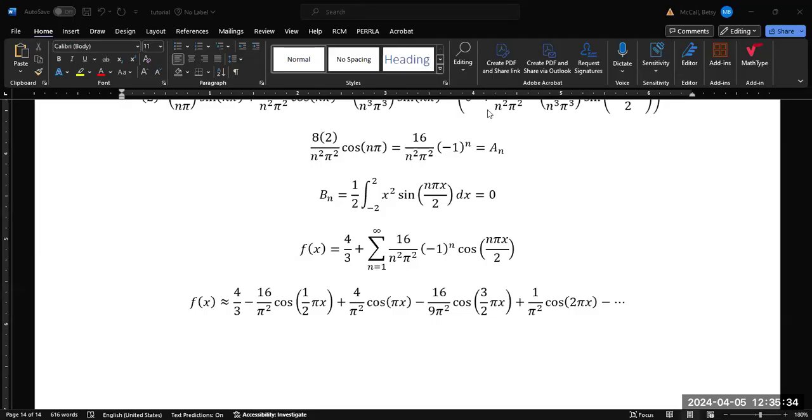So this is our first 2 terms of our approximation, and you can see that it's already doing a reasonably good job.